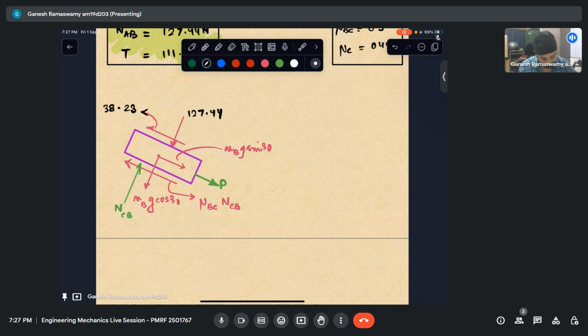Rest is simple calculation. So let us see, sigma Fx equaling 0 gives me P plus mBg sine 30 minus 38.23 minus this force, which is mu BC NCB, equals 0.